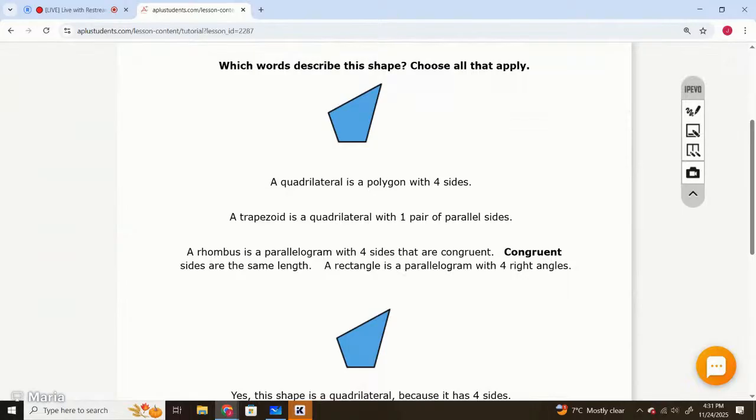A trapezoid is a quadrilateral with one pair of parallel sides. A rhombus is a parallelogram with four sides that are congruent. Congruent sides are the same length. A rectangle is a parallelogram with four right angles.